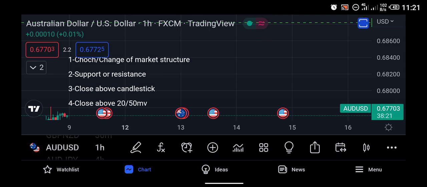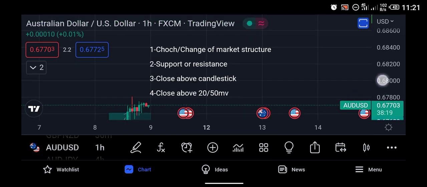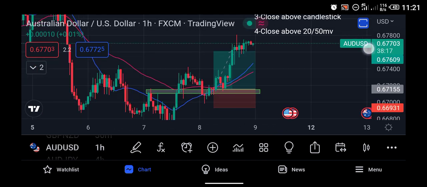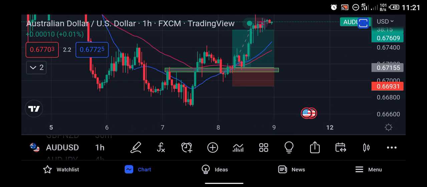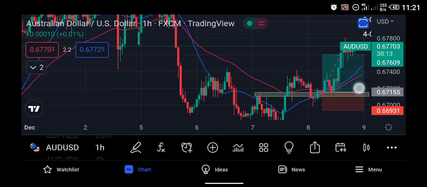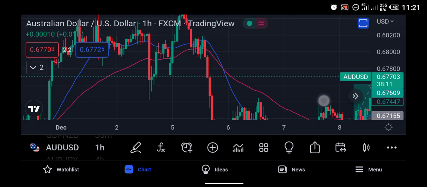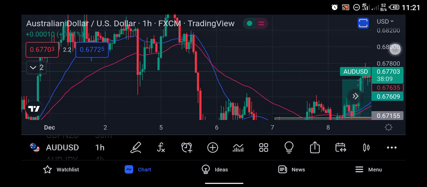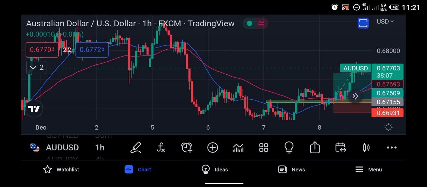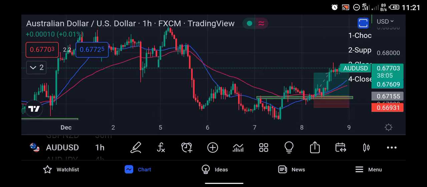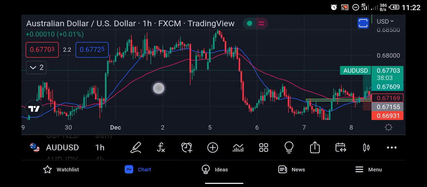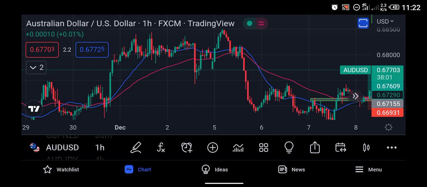Let's take a look at the strategy itself. On my chart now, you will notice one thing, that on this 1 hour time frame, price is on a downtrend. Take a look at it. If I zoom the market now, you will notice that this price is on a downward trend, and you keep seeing a new low on the market.